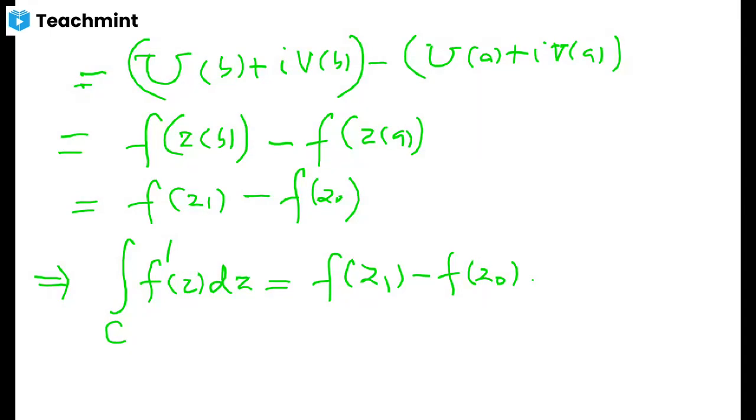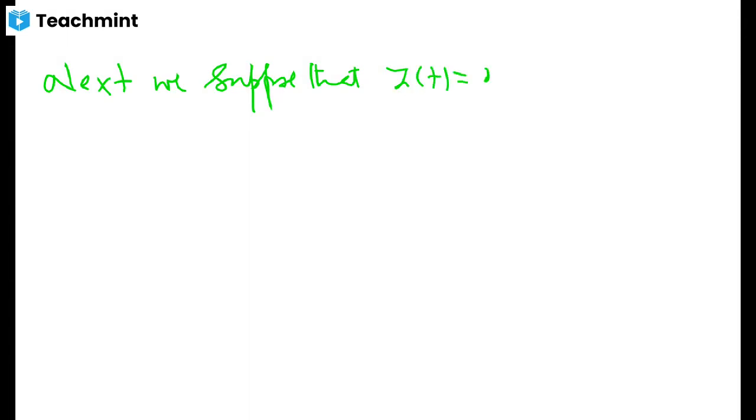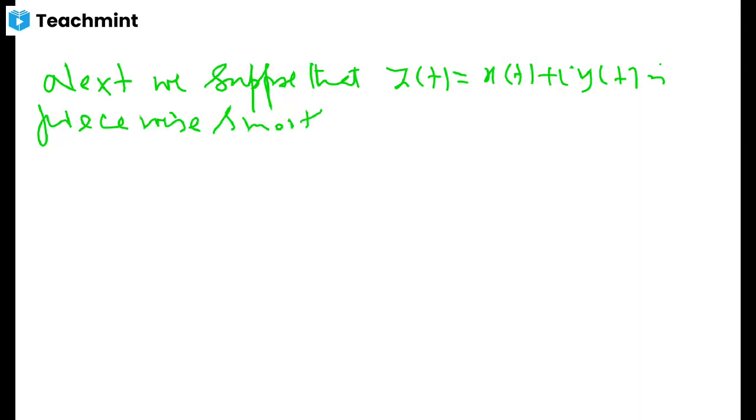Now next, we suppose that z of t, this kind of expression of the contour, is piecewise smooth. So what does it mean? It means that you have a contour like this. Maybe it is smooth in pieces.